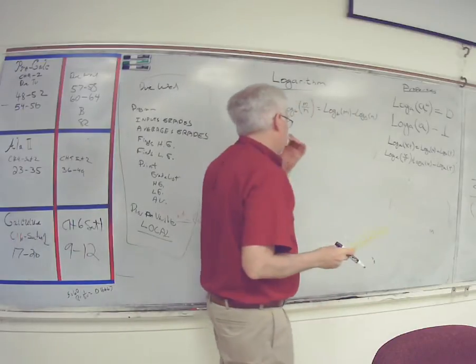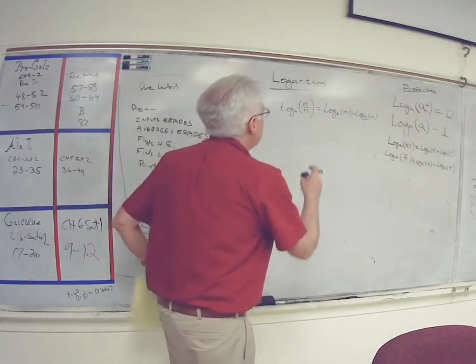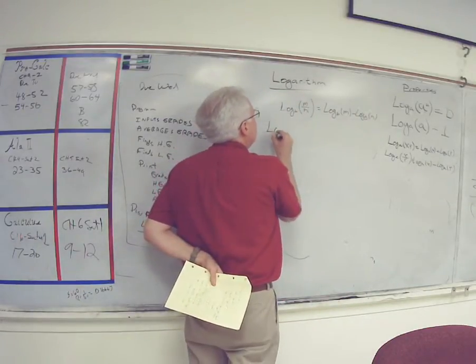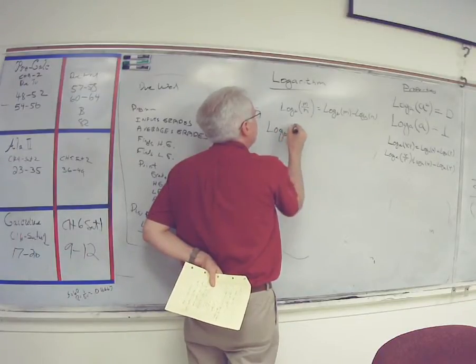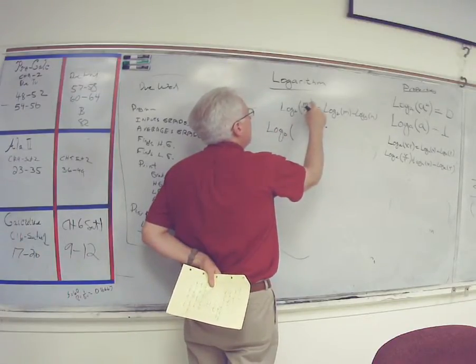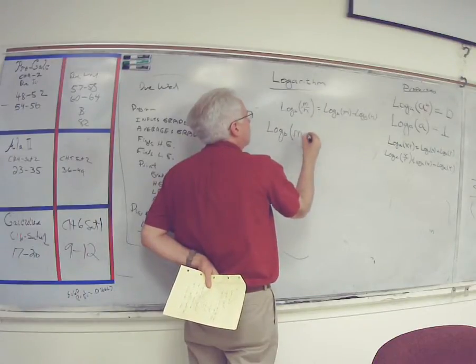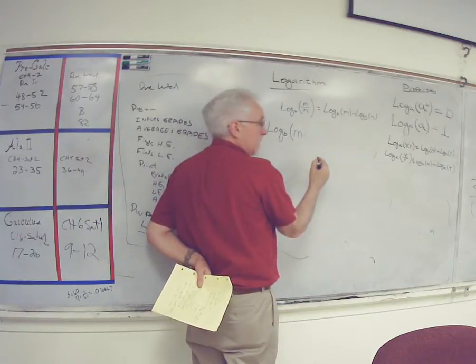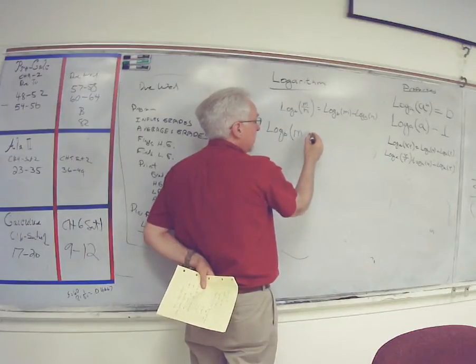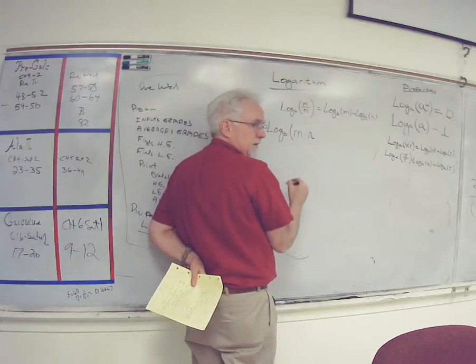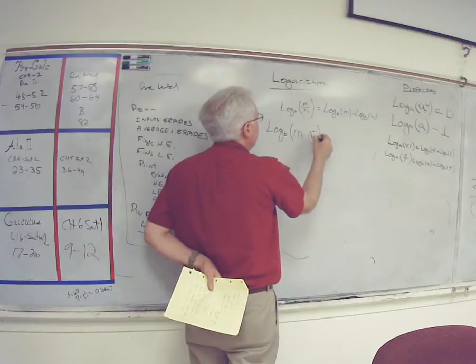All right? And you could sort of see this, like, you can see where we got it. Your intuition told you. But how could I rewrite m over n? I could write it as m times what? 1 over n. And 1 over n is n raised to the what? Negative 1. Okay?